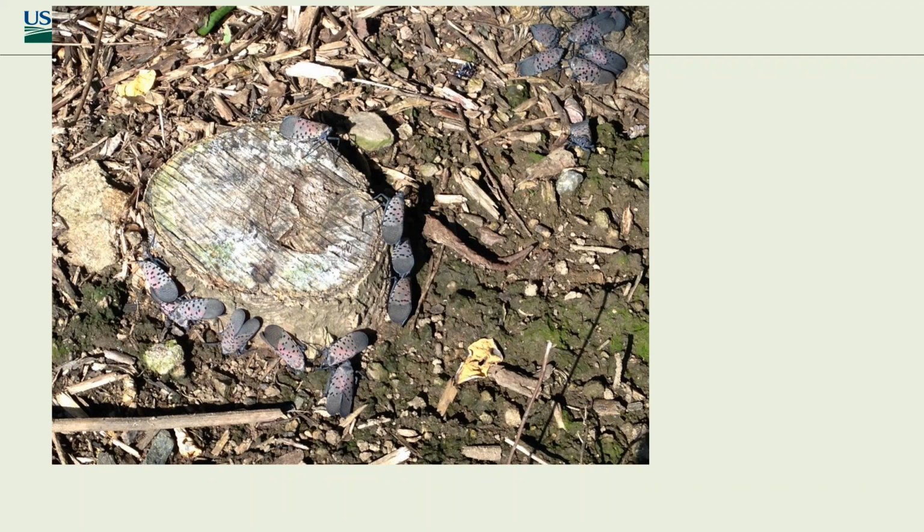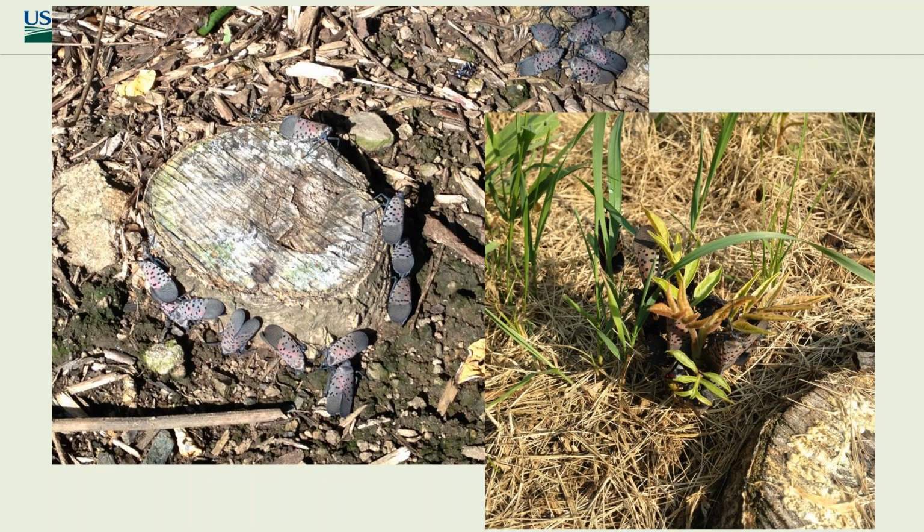I want to look back at some of the behavior and biology of this insect. So I was on this one property and the homeowner had cut down his ailanthus, was trying to get rid of it. Well, when we were out there, all these adults were trying to find ailanthus any way they could. So they're all surrounding the stump and some other old roots that were still poking out of the ground. Any place they could get ailanthus, they were going for it.